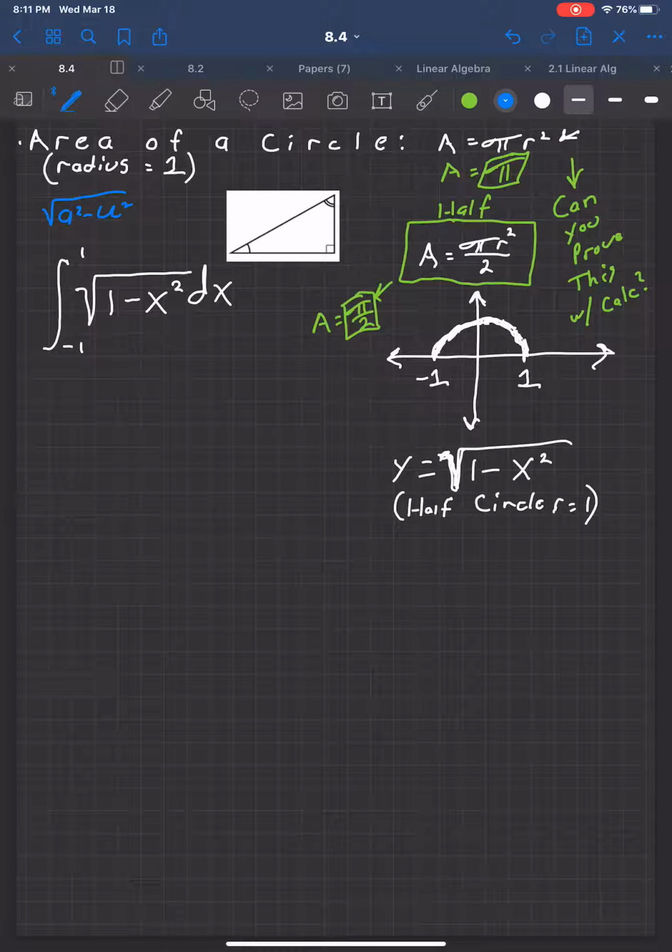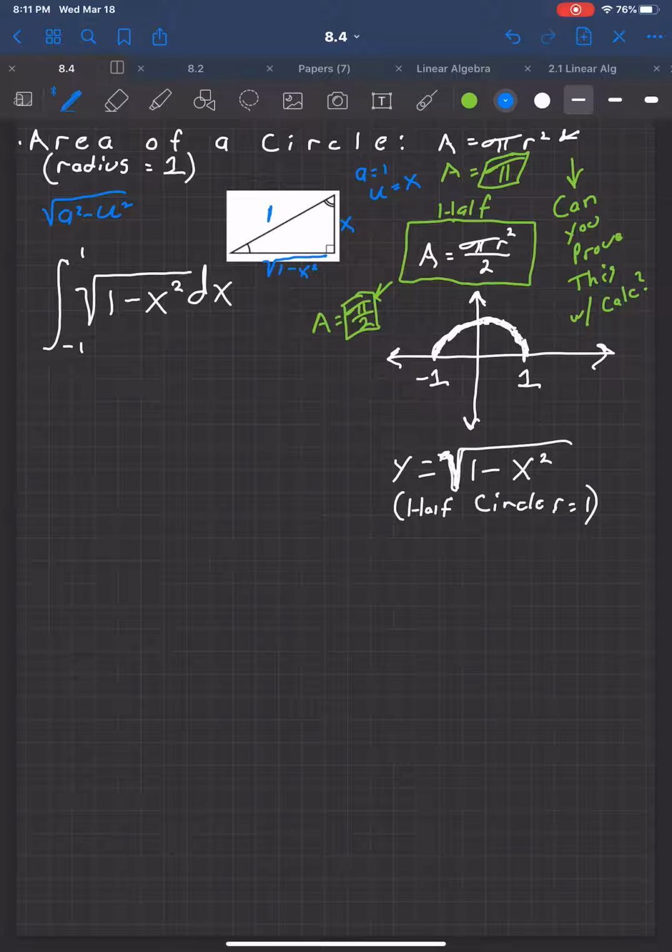I'm hoping you're getting pretty good at this, but in this case, I would have a hypotenuse of 1, right? Because a is equal to 1. U is equal to x, so I would have an opposite side of x, and then I can think about this missing base of this triangle as the square root of 1 minus x squared.